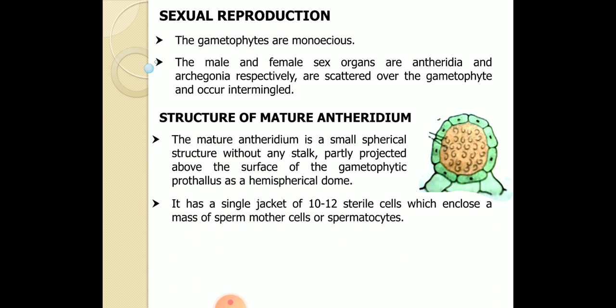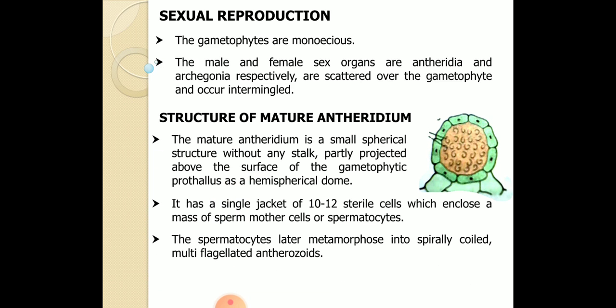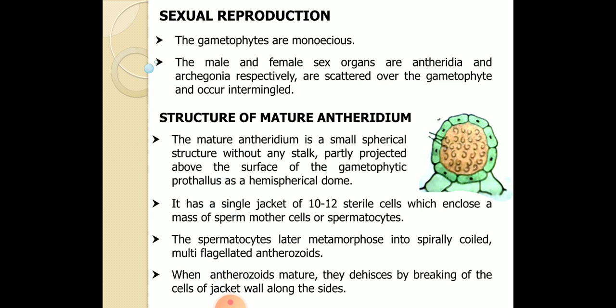This is the structure of the antheridium: a small spherical structure with a stalk, partially projected above the surface of the gametophytic prothallus. It has a single jacket of 10 to 12 sterile cells which encloses a mass of sperm mother cells, the spermatocytes.